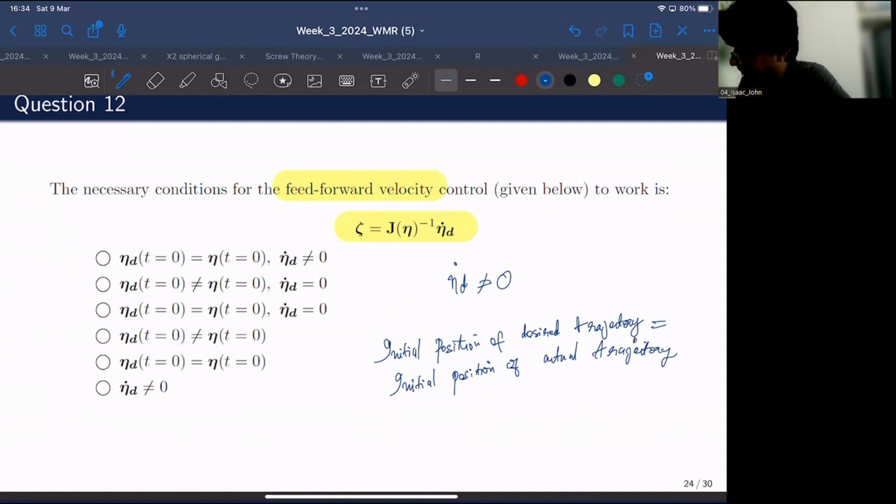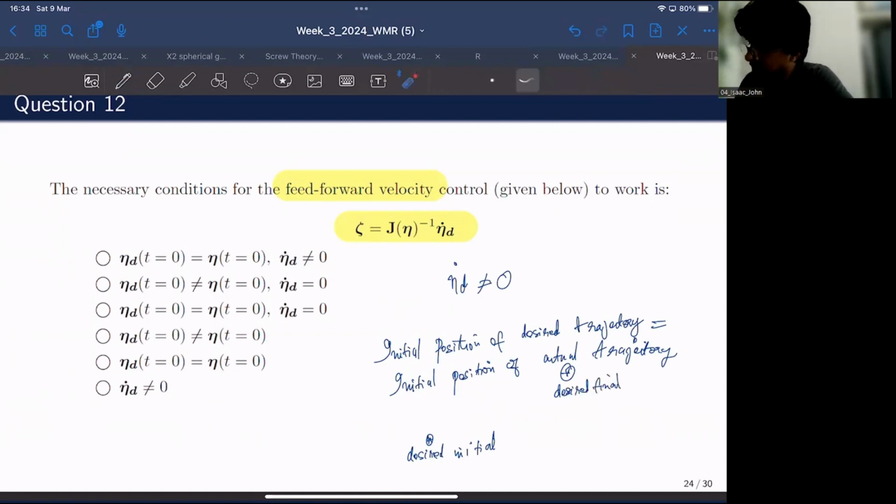Then only this will work, because if you have this to be desired initial and this is desired final.